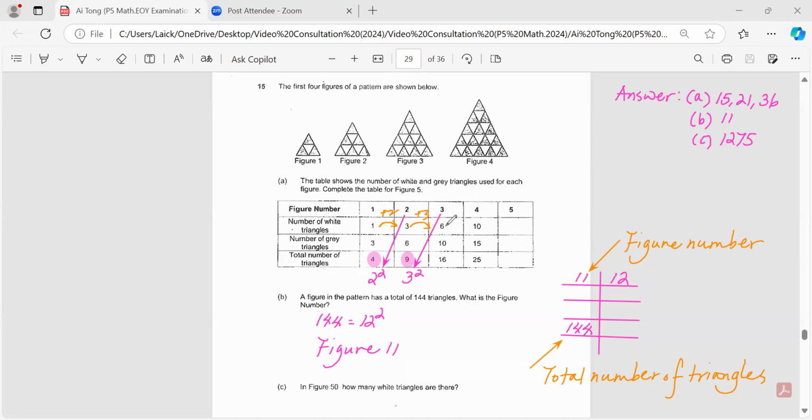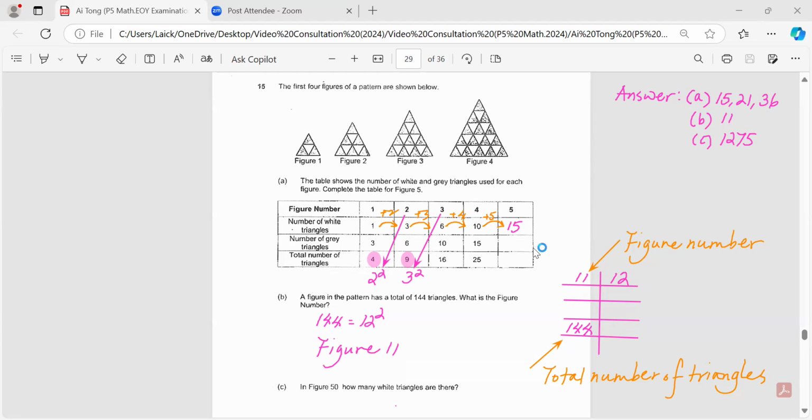And then the next one, 4. Of course, to get to the next, we have to increase by 5. So the answer for that would be 15 white triangles.